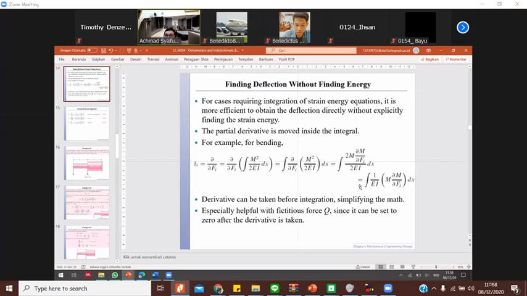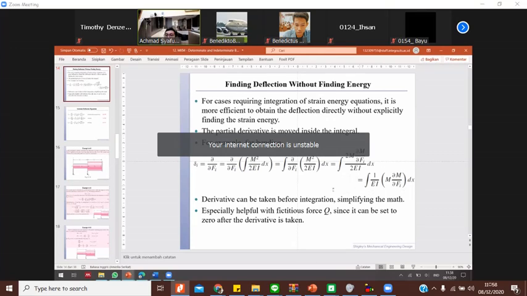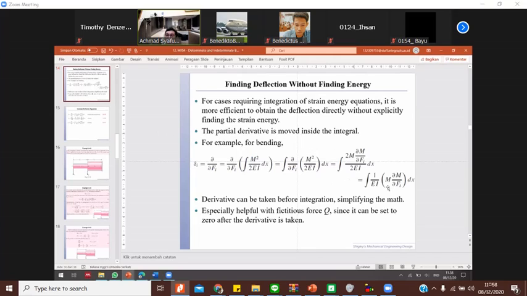So you don't need to calculate the strain energy first, then take the partial derivative with respect to force or moment to get deflection. We can use this direct formulation. This is the direct or shortcut formulation to get deflection.